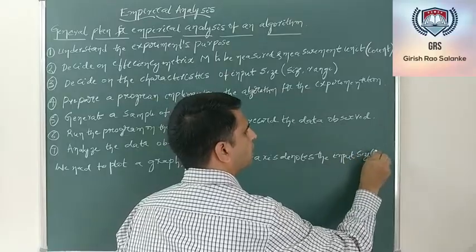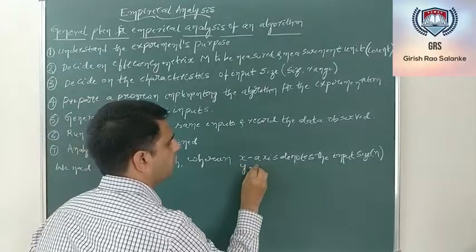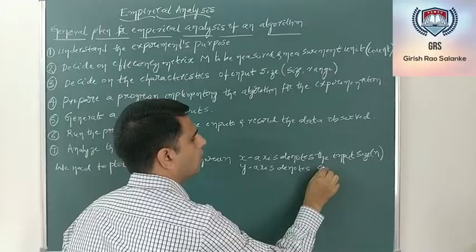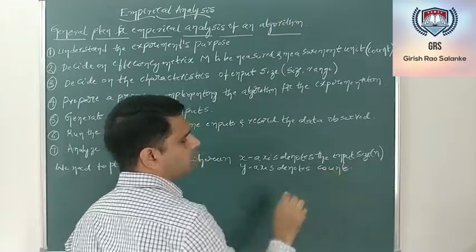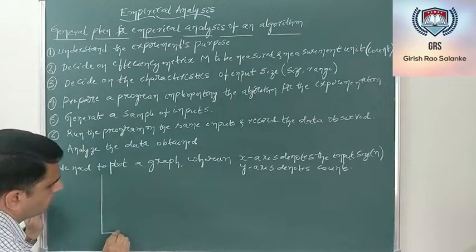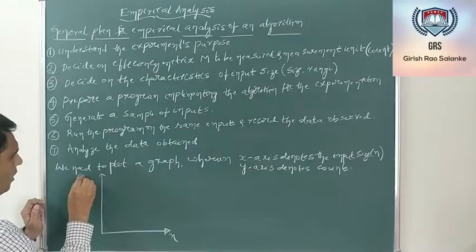Let my input size be denoted with n, and the y-axis denotes the count, the value of the count. Say for example, this is my n and this is my count.